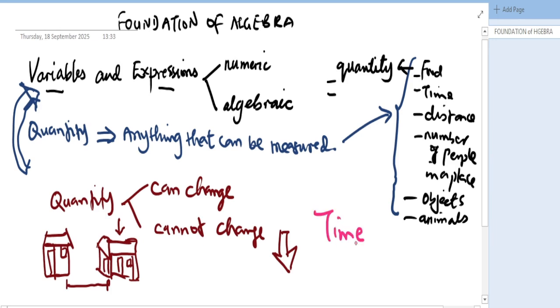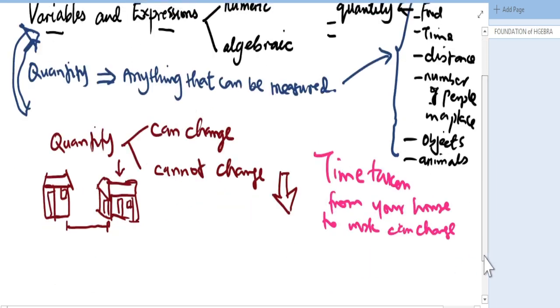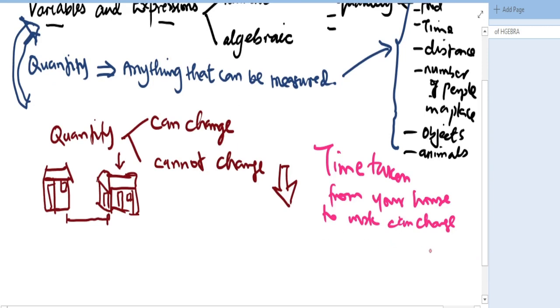Time taken from your house to work can change. Why? Because there are several factors that can cause this to change. It could be weather, it could be a delay, there could be traffic, and so on.